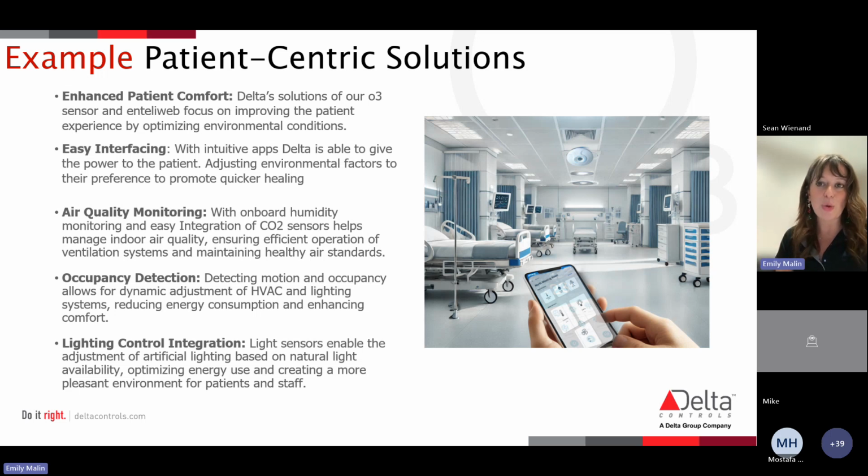So being able to control the HVAC inside of there, being able to match your circadian rhythm, all of that really does add to your user experience for the folks inside your building. And that all starts with your building automation system.